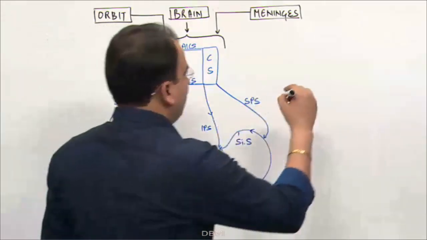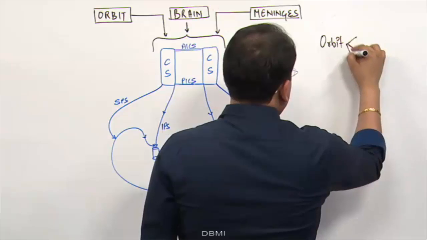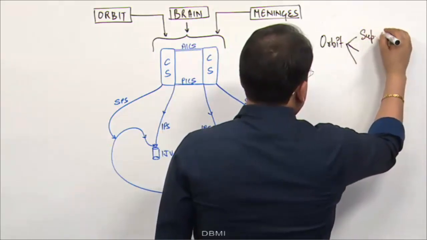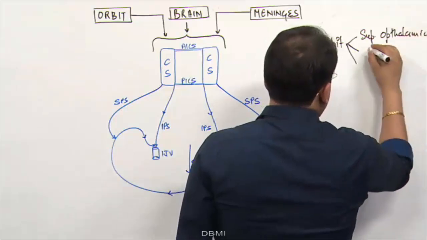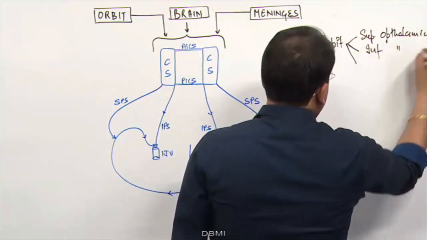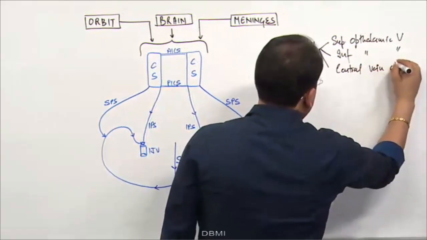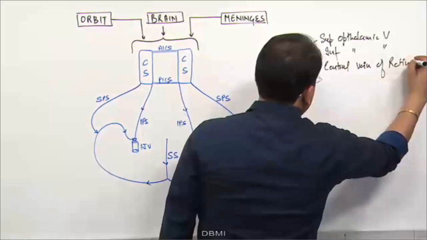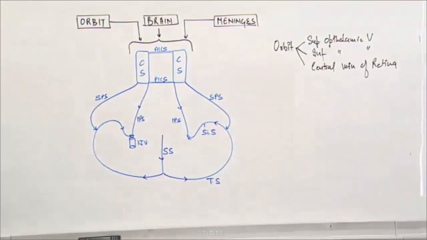The veins from the orbit which are coming into the cavernous sinus are the superior ophthalmic vein, inferior ophthalmic vein, and central vein of the retina.